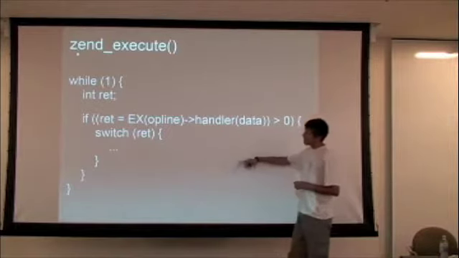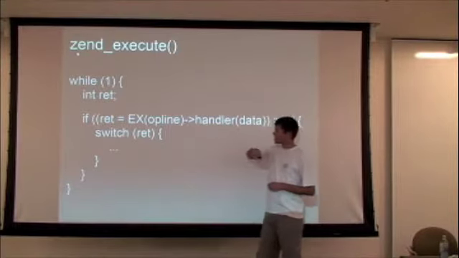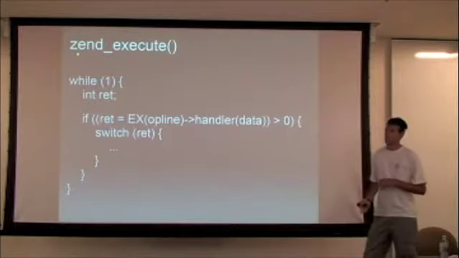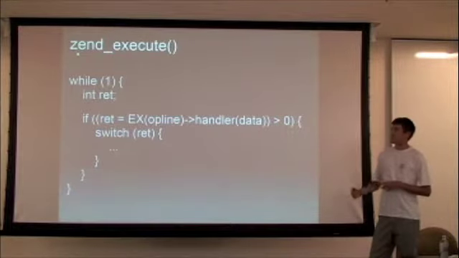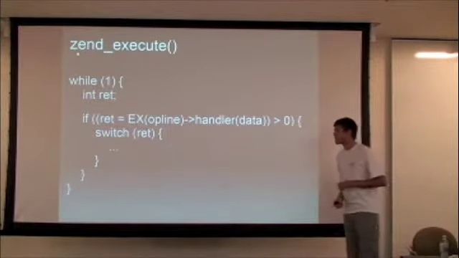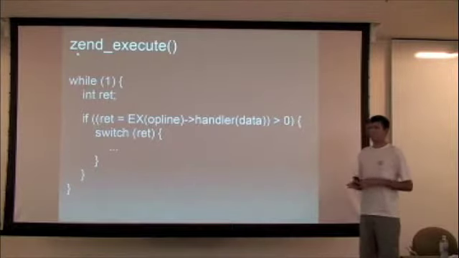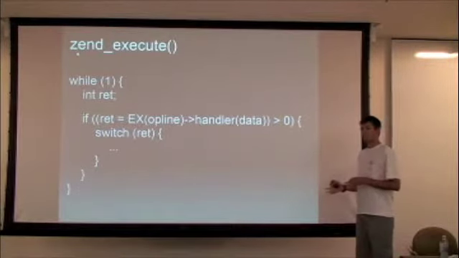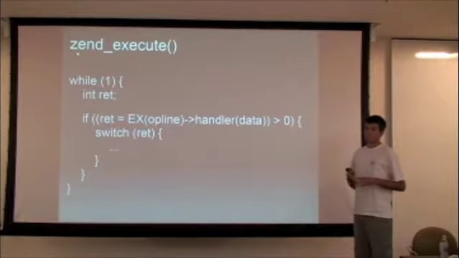Then we look at the result, because 0 means go on, 1 means stop the VM, and so on. The thing is that most opcodes return 0. For example, add never stops the execution.